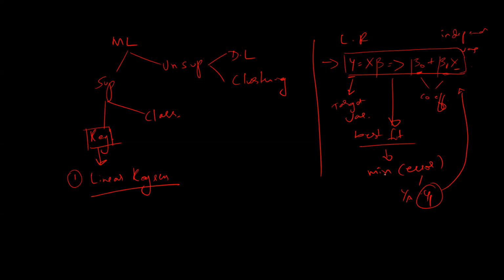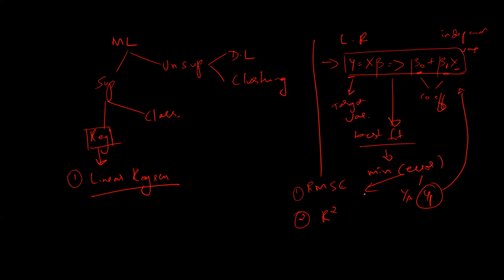Now, how do we optimize it? By minimizing the error. How did we validate the model with respect to error? One is your RMSE, and the other one is your R square.